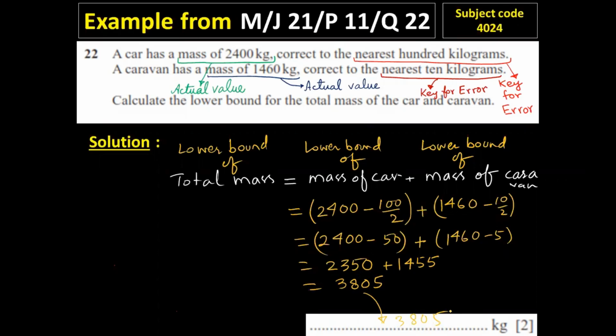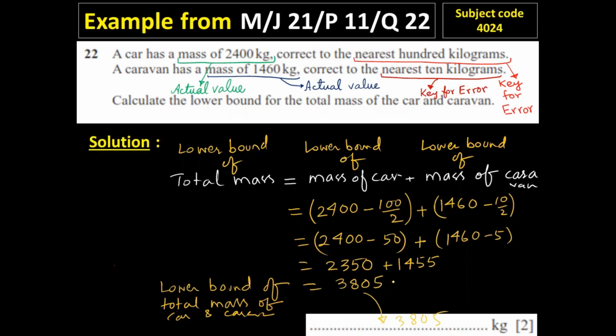This is your final answer for the lower bound of the total mass of car and the caravan.